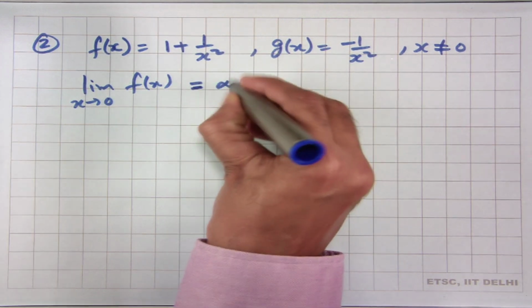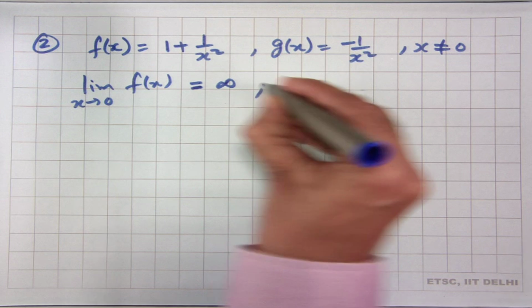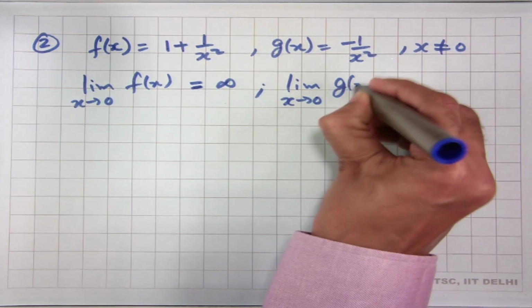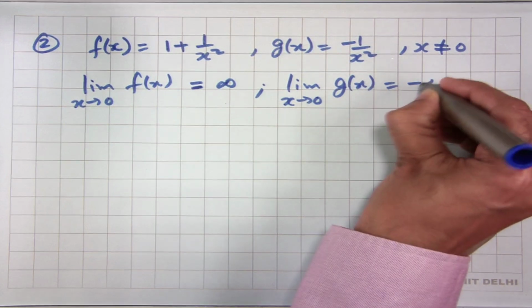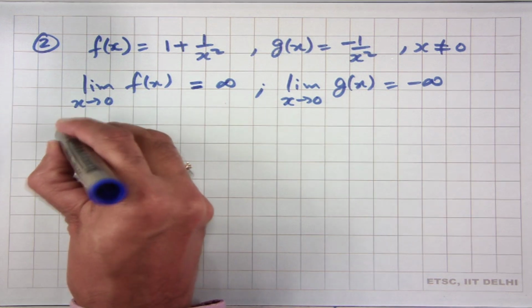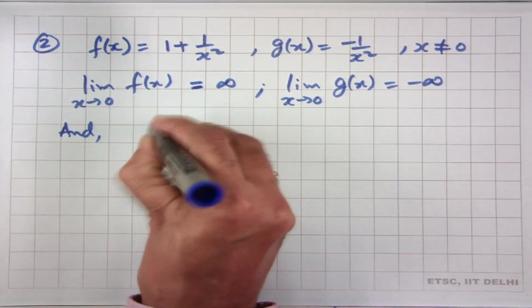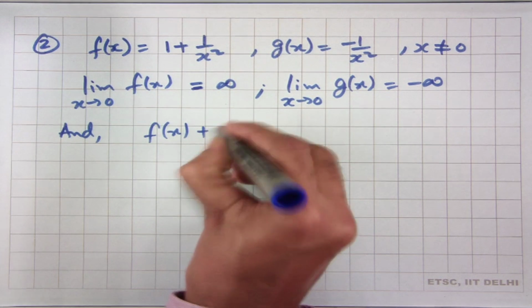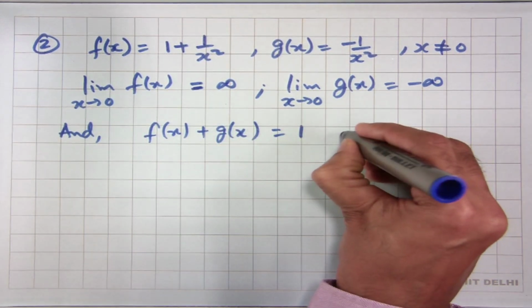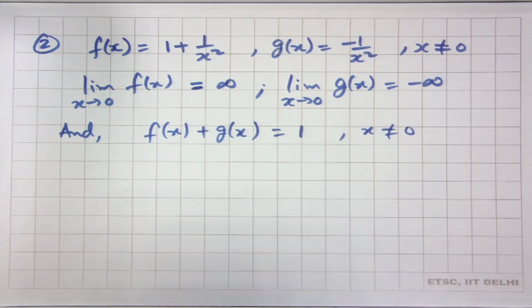So, this is equal to infinity. The limit of g(x) is minus infinity, but what about f(x) plus g(x)? Here f(x) plus g(x) is equal to 1 for x not equal to 0.